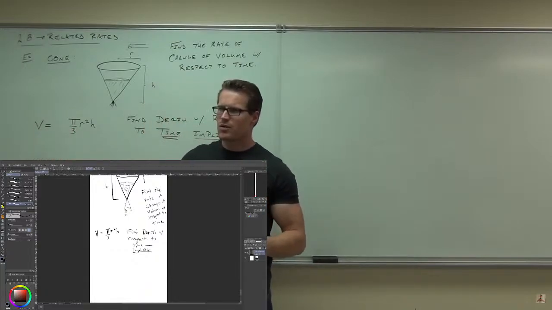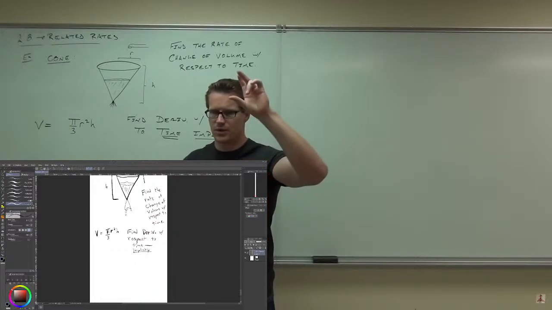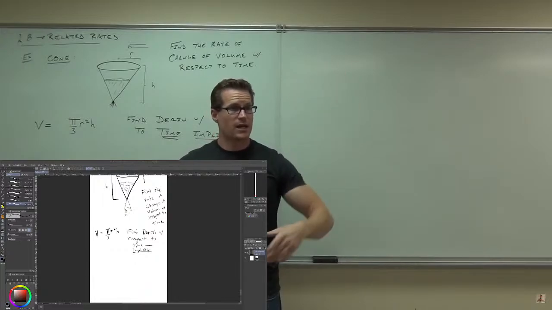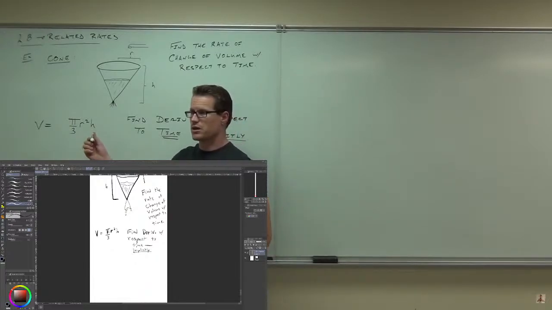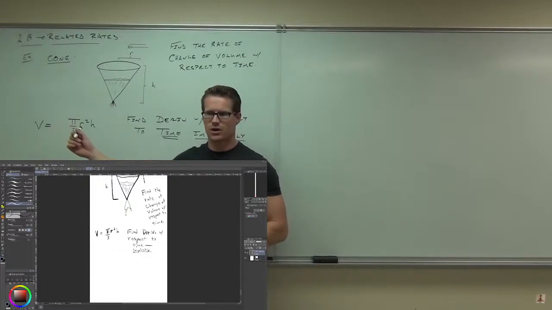So we can do that, but you just have to be careful, because since these are all functions of time, do you remember that when y was a function of x, you had to put a dy dx after everything? Now every one of these variables is a function of time. So we're going to have a d whatever dt after every one of them, because they're all implicit functions of time. Notice how none of these are solved for t, right?